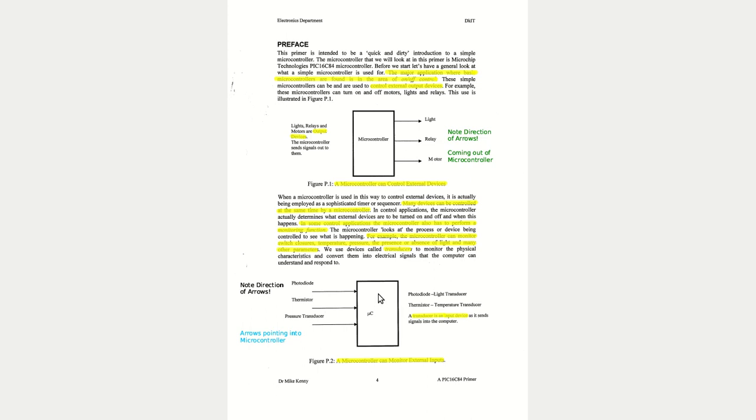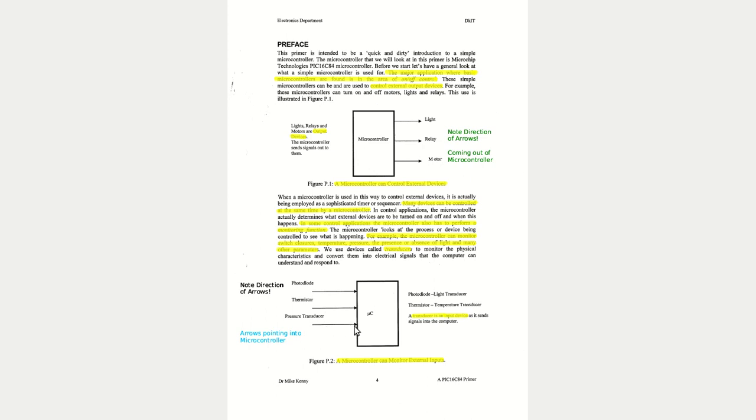I can also connect input devices to the microcontroller, and that's shown down here in figure P2. In figure P2 I've got a photodiode which measures light level, a thermistor which measures temperature, and a pressure transducer which measures the pressure in a room. So let's say I can measure the light level in a room, the temperature in a room, and the air pressure in a room. And those are all input signals that are sent into the microcontroller.